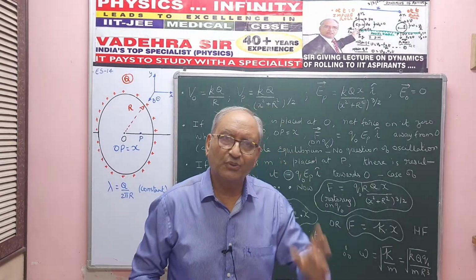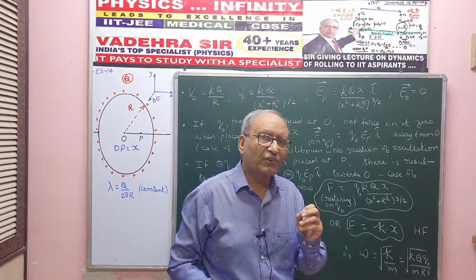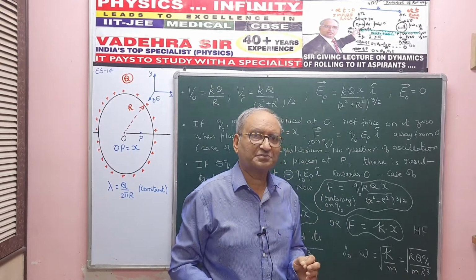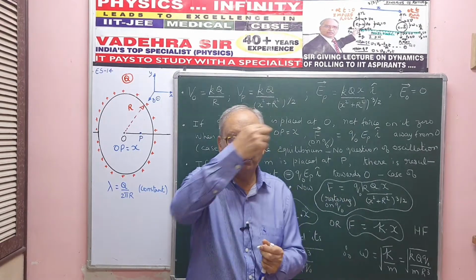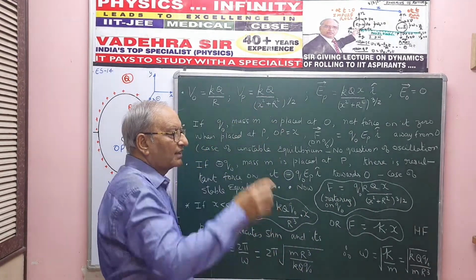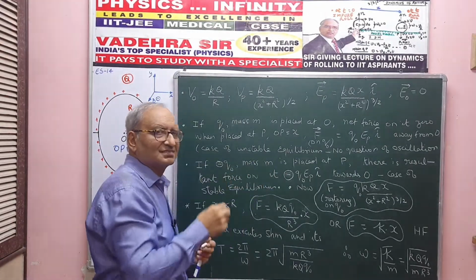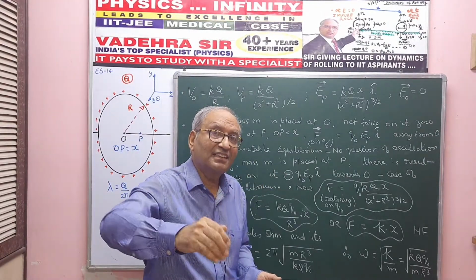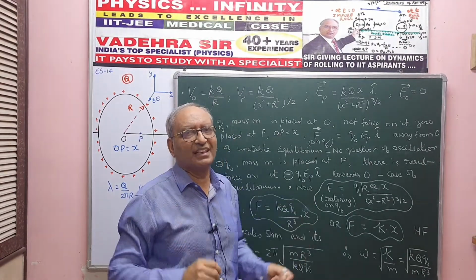Now this is a Hooke's force. So in the displaced position, the restoring force is a Hooke's force. So it is a case of SHM. The particle about O, so this was the ring, will oscillate about O, executing SHM because the restoring force is the Hooke's force.